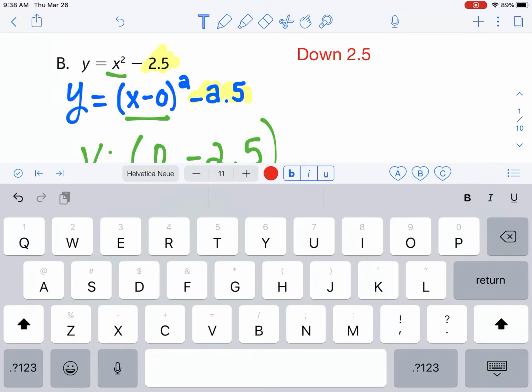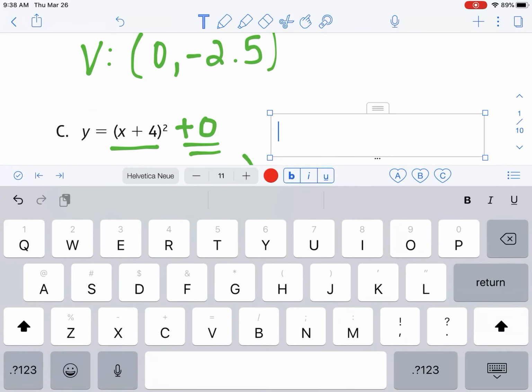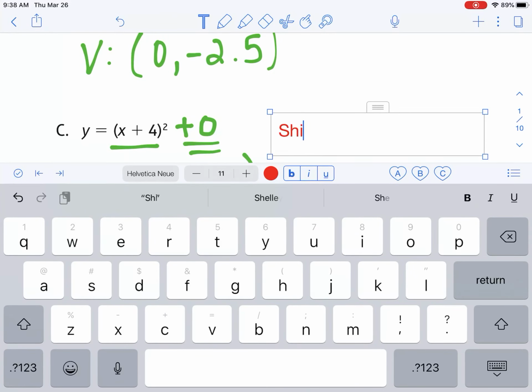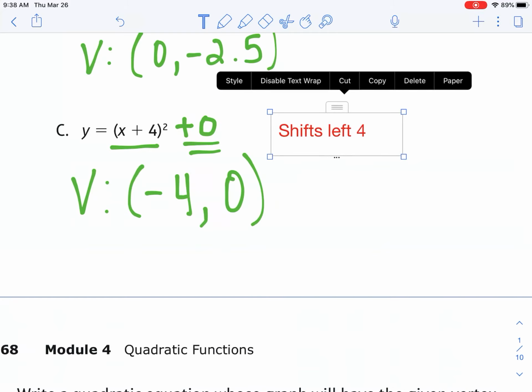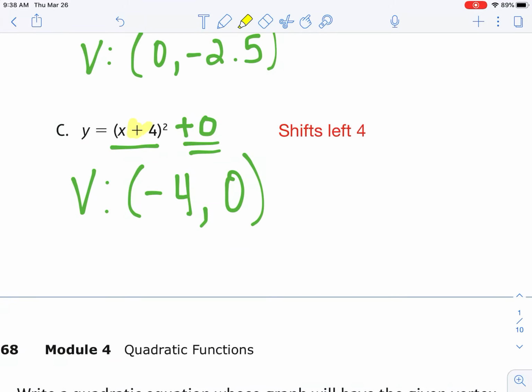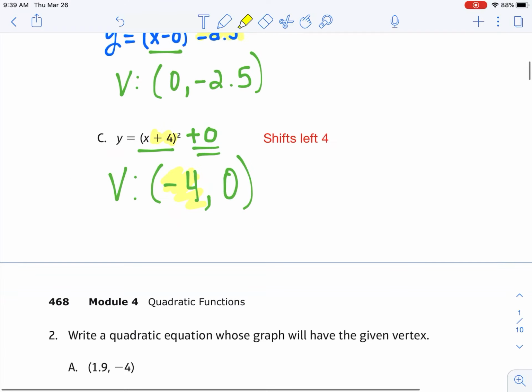This would indicate that our parabola shifts left 4, and then it doesn't move up or down. So the opposite of a positive 4 again is a negative 4. Instead of thinking positive to the right, we're thinking the opposite of a positive 4, negative 4. This is telling us our graph shifts left 4 units from the origin.